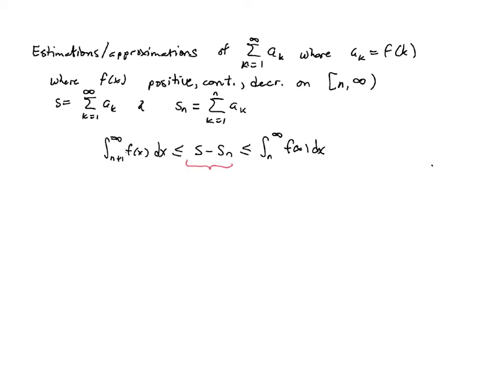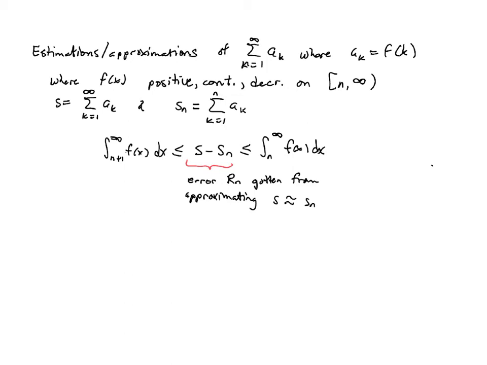So this is the error, which we generally denote by r sub n. R here is for remainder, gotten from approximating S by some nth partial sum.